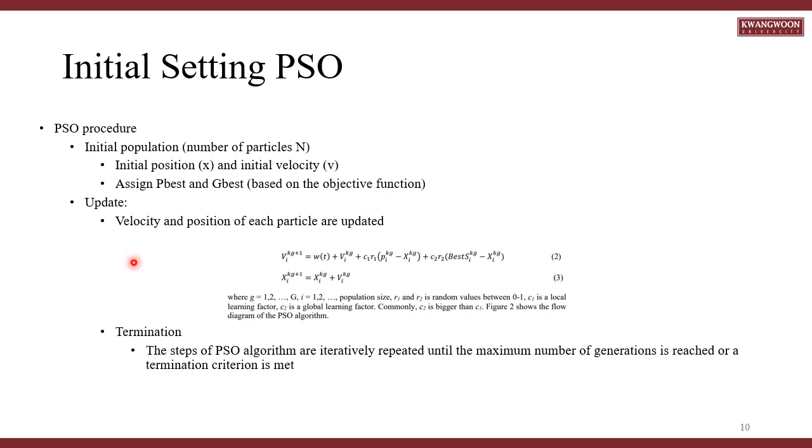the value of velocity and position for each particle, updated according to the equation. So according to equation number 2 and number 3, we can get the value of velocity and distance. I already discussed how to stop the iteration. So what is the parameter?